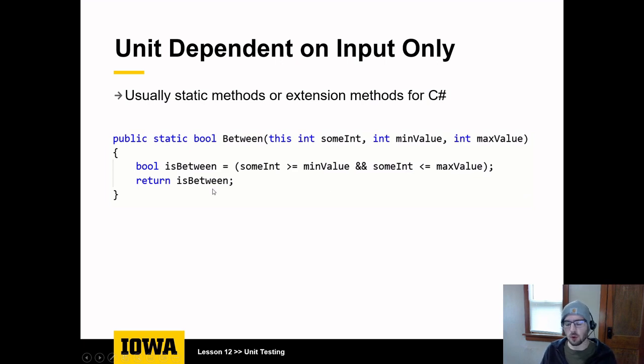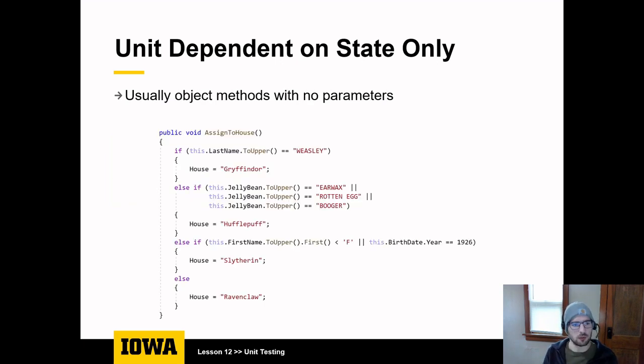For example, we wrote the Between method in the previous lesson, and you'll see it has three integer inputs, and based on these inputs, it returns some output. So this is a unit that is dependent on input only. That's one type of unit we'll need to test.